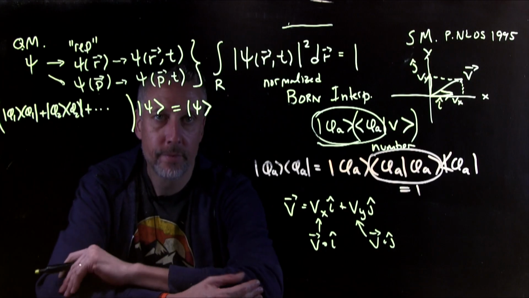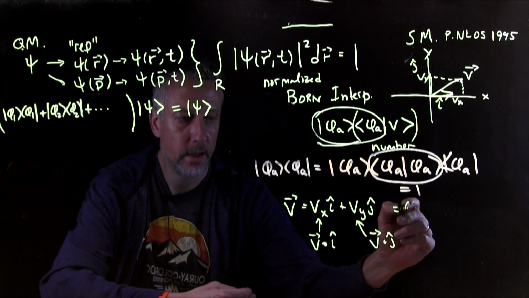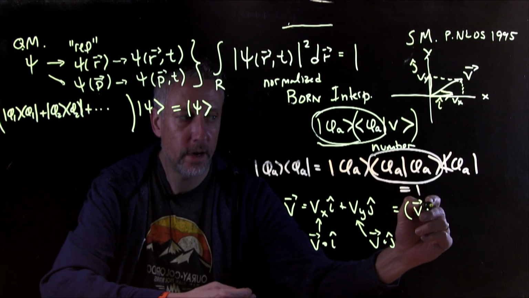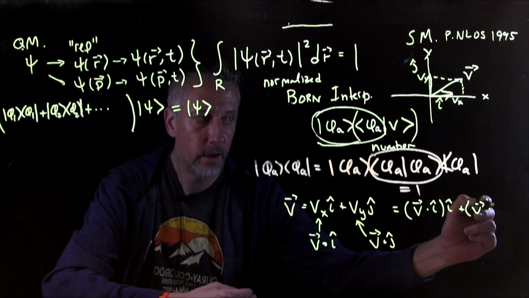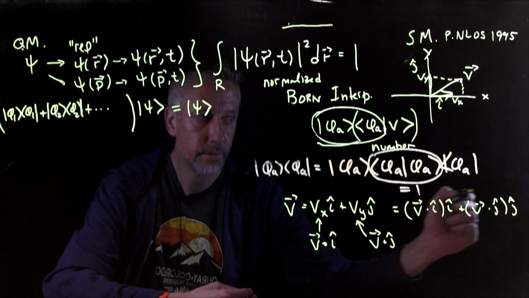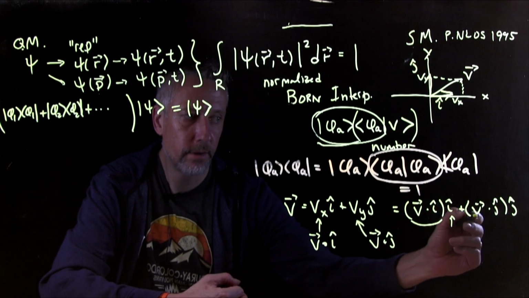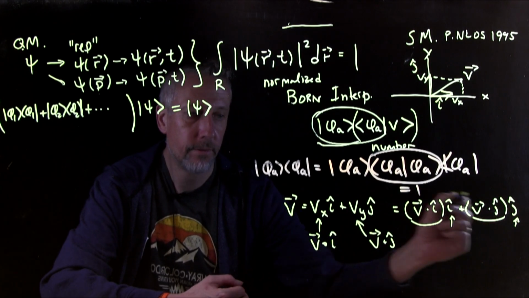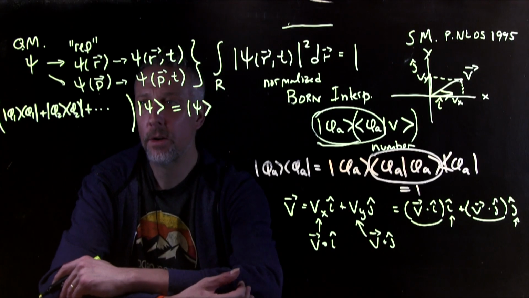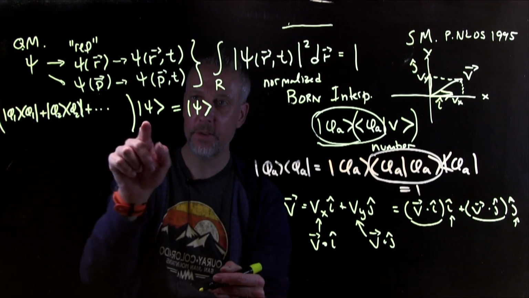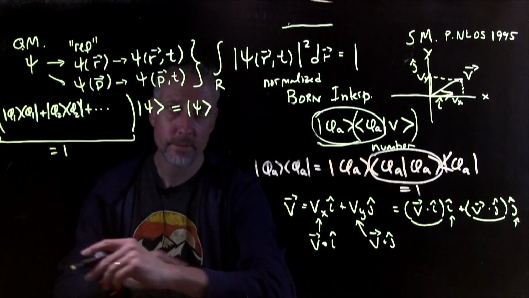So you see there's a kind of similarity, because I can plug the components back in. I can write v dot i hat times i hat plus v dot j hat times j hat. This is the magnitude, this is the vector. This is the magnitude, and this is the vector. So you could have used the projection representation just as easily. What that means is that if this side and this side are the same, this whole thing is equal to 1.